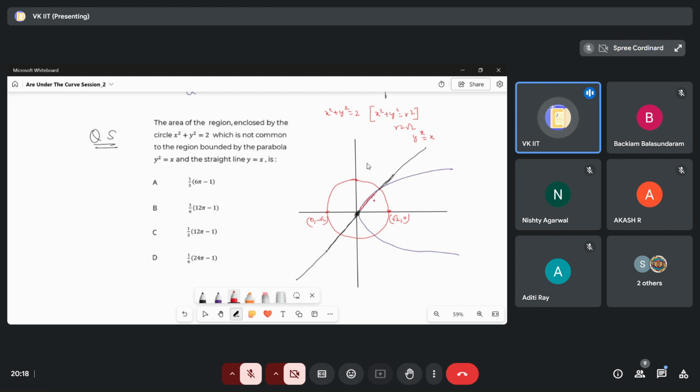So the question is saying that we don't need this area, the area that I have shaded. It means the rest of the area is required. This rest of the area is required. Okay, and how do you find that rest of the area?